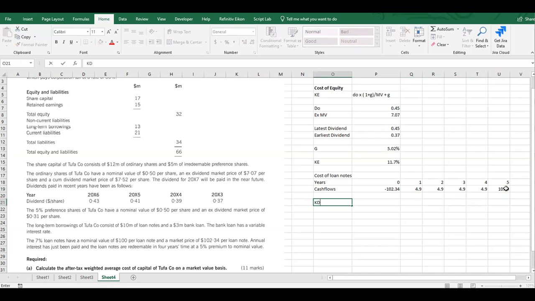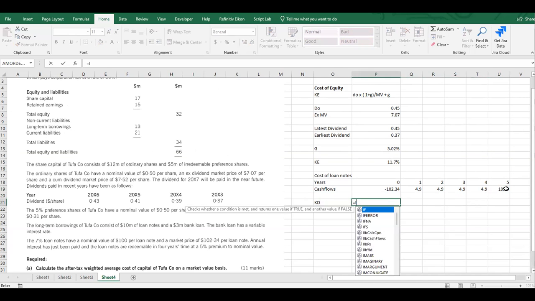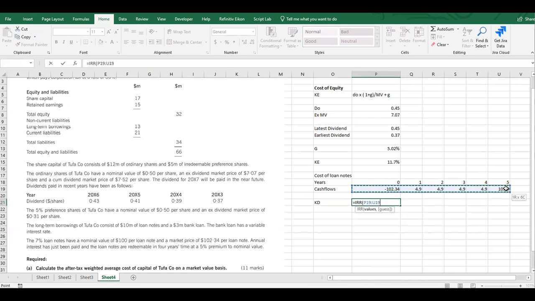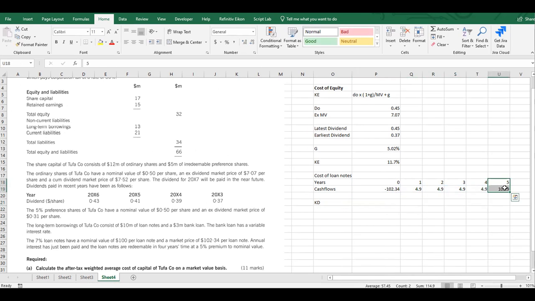So KD will be equal to IRR. सर इसने 4 इयर्स लिखा हुआ है कि 4 इयर्स में रिडीम होगा। अच्छा ठीक है, हाँ 4 years guys. Four years. ठीक है.